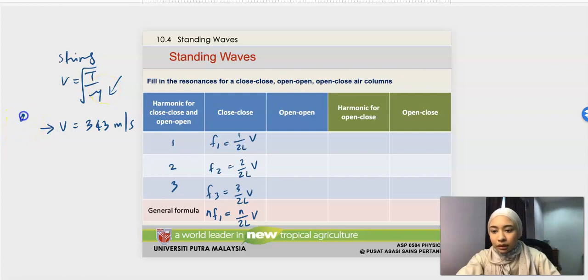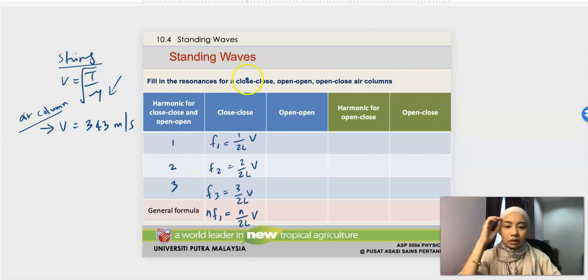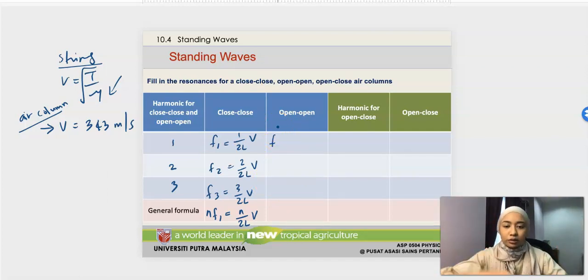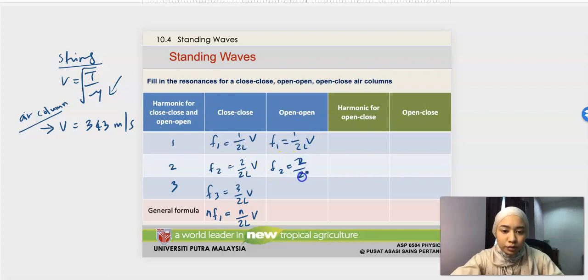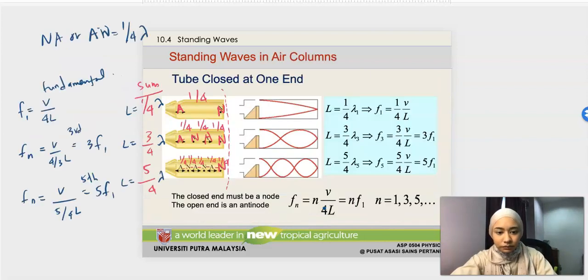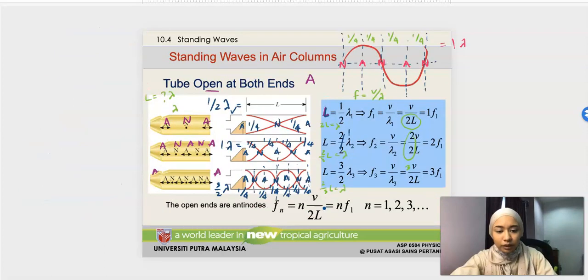So this is for air column, and this is for string. For open, the formula is also the same. Instead of node, it's antinode and antinode, but the harmonics equation is similar. f2 is 2 over 2L times v, f3 is 3 over 2L times v. So the general equation becomes n f1 equals n over 2L times v. Let me check, is that right? Okay, right. This is it.